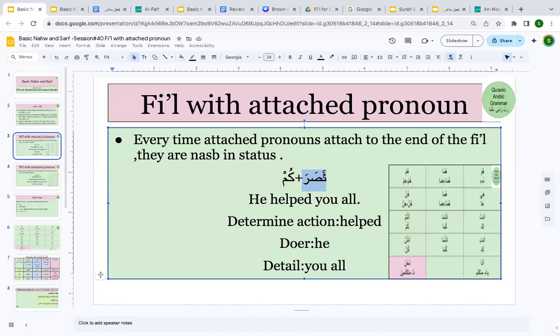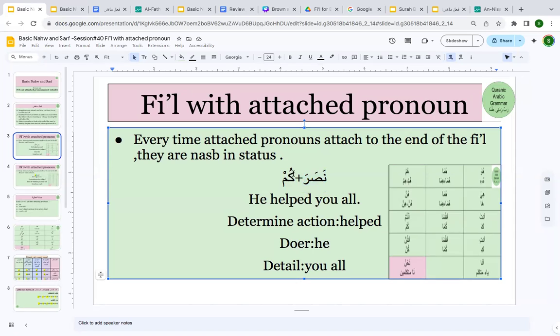Yes, it is he. Very good job. It is he, and it is hidden as you are all typing. The he in nasara is hidden. Give me the translation. He helped, right? Yeah, he helped. And kum is for you all. Yes, it is you all.